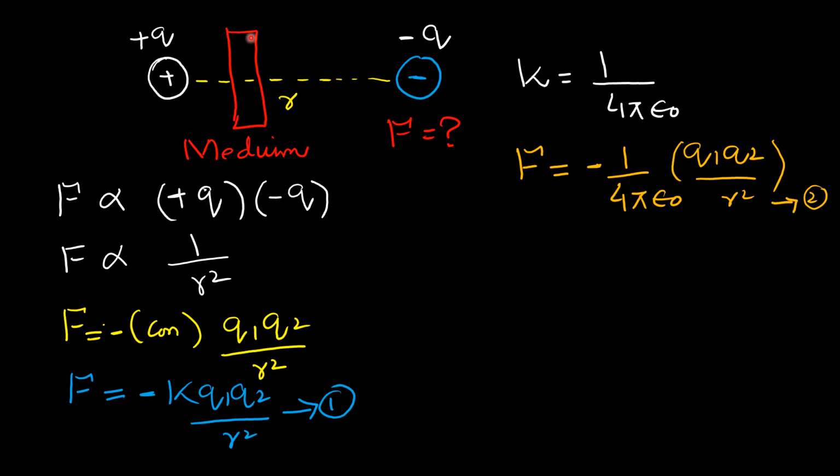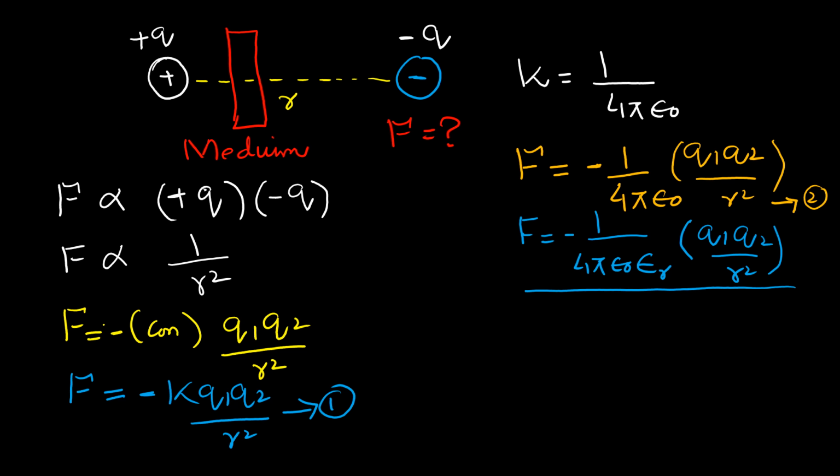However, if we place a medium between these two opposite point charges, then the force of attraction between them will become F is equal to minus 1 over 4 pi epsilon naught into epsilon R, which is the relative permittivity, into Q1 Q2 divided by R square. So this will be the force between two opposite point charges whenever there is a medium between them.